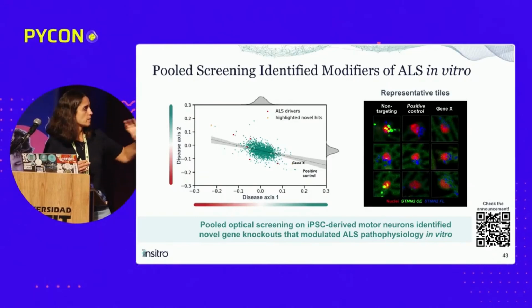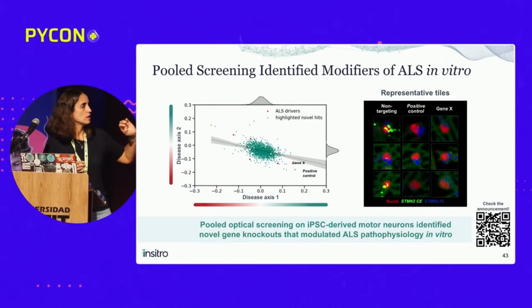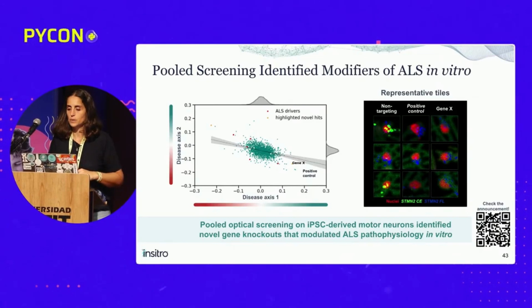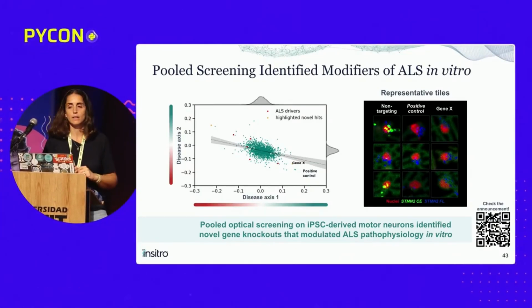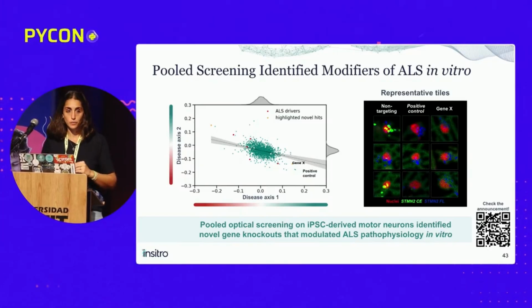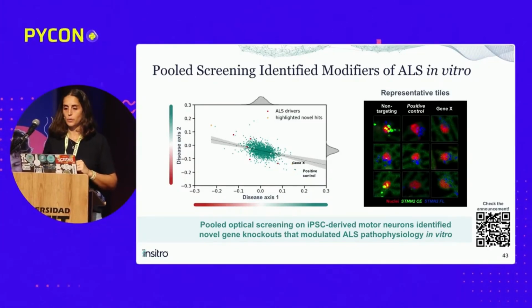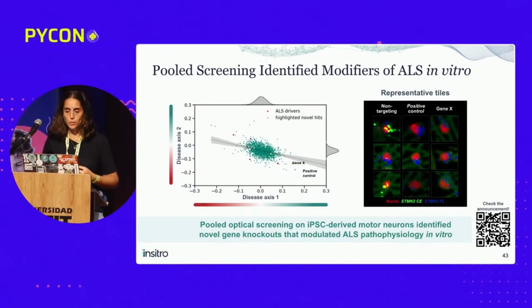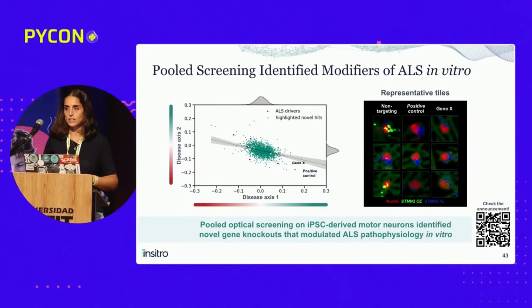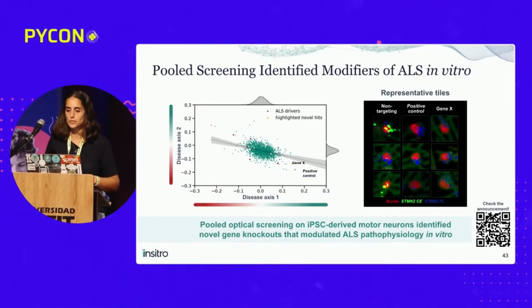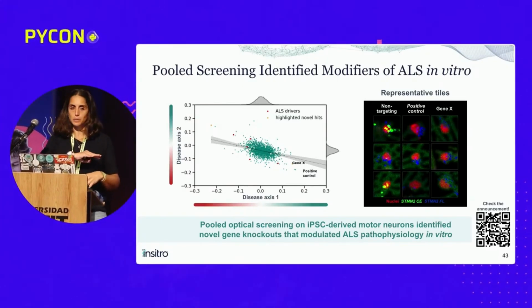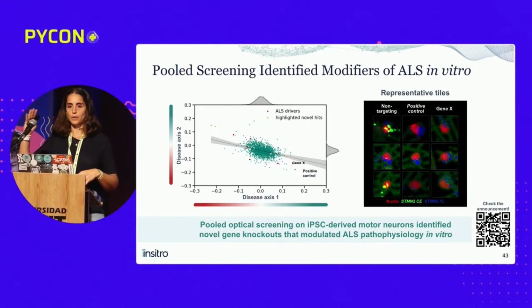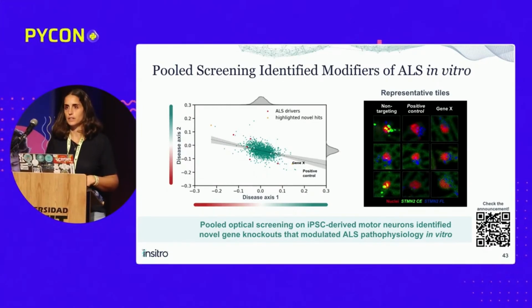And there has been a press release that you can check on the QR code about the new target that we have identified for ALS, that we are now taking into experimental validation and hopefully into drug discovery. And we're very excited that we've been able to deploy machine learning all the way to identify new targets for this devastating disease.